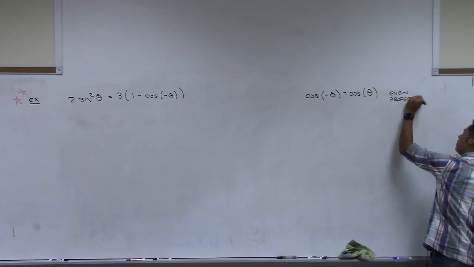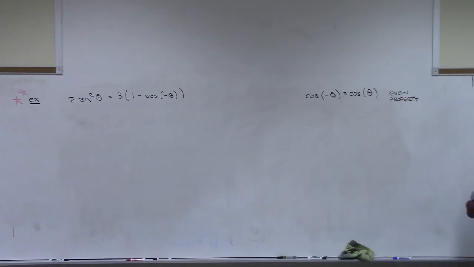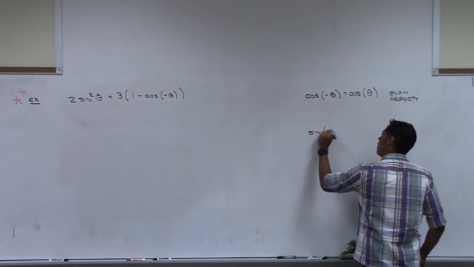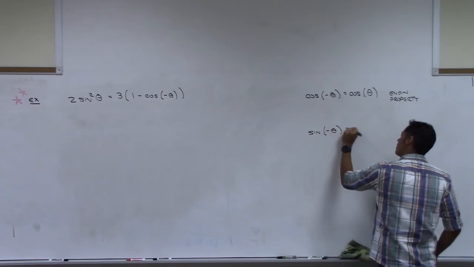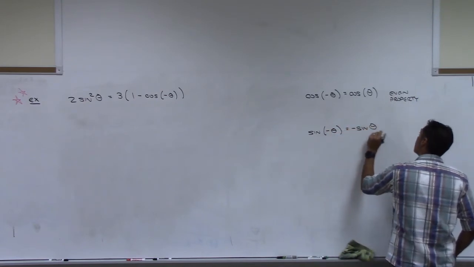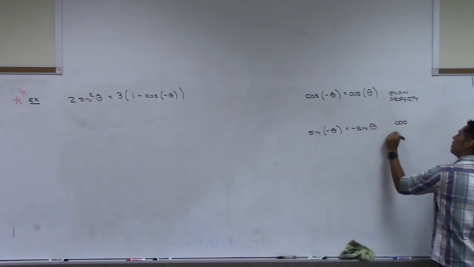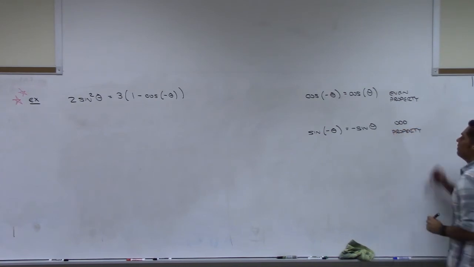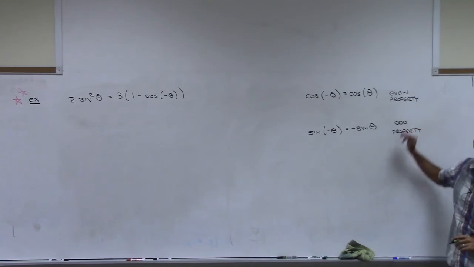It's been a while. And then sine of negative theta is equal to negative sine of theta. This is called the odd property. These are on your formula sheets. The even and odd properties of cosine and sine.